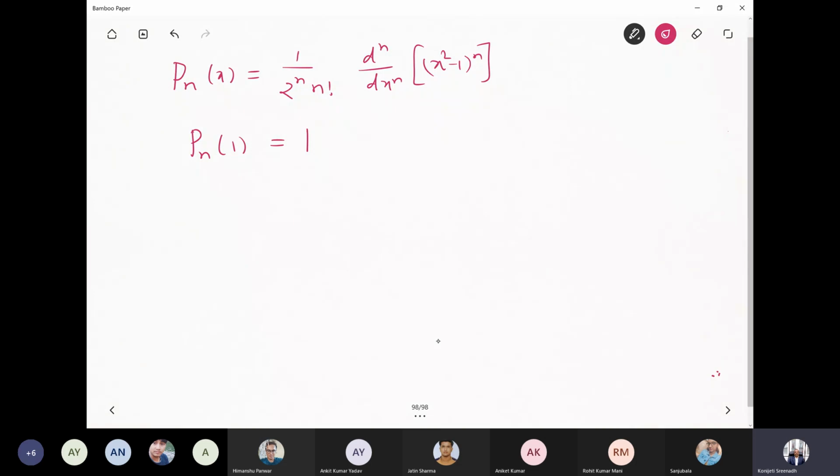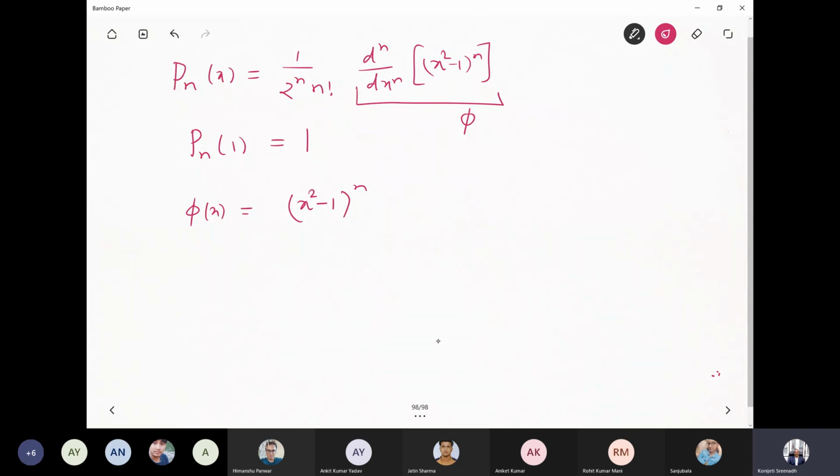you look at this, call this as maybe P. So look at what is P(x). This is the nth derivative of (x square minus 1) power n, right?